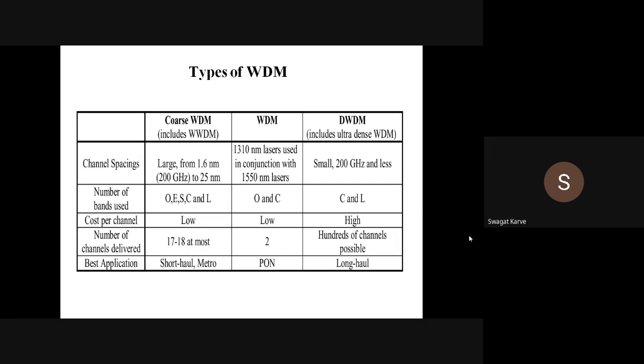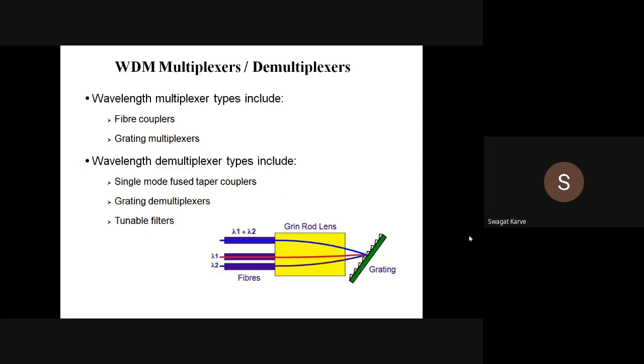With WDM, only 2 channels, and with DWDM, hundreds of channels are possible. CWDM is for short or metro applications. WDM is for passive optical networks, that means within the institute, within the LAN. And if you are using long haul applications, then DWDM is the only option. So this is the comparison between the different types of WDM.